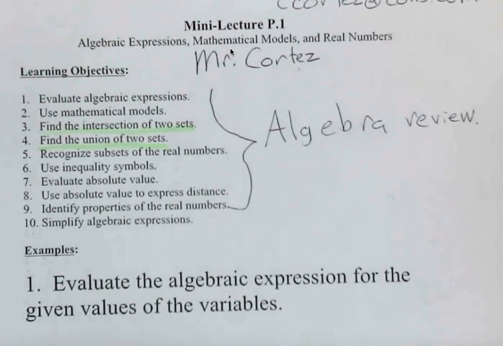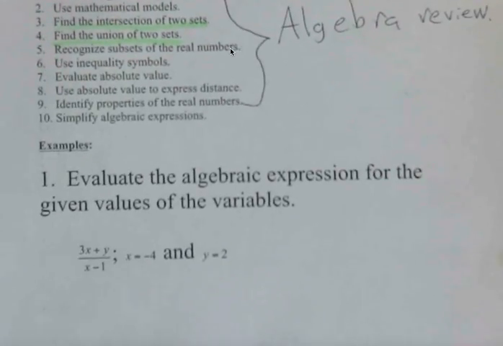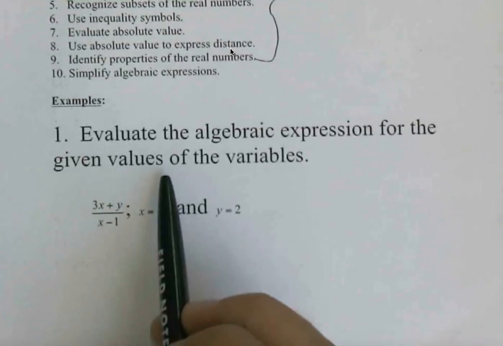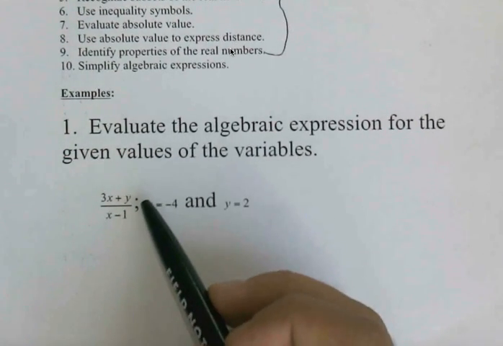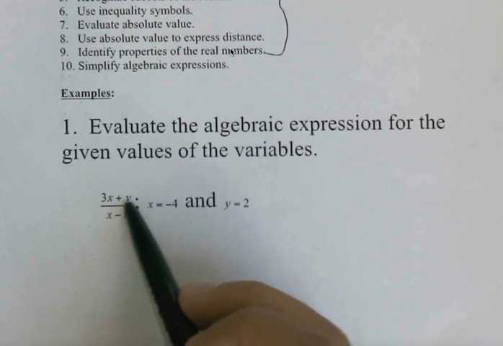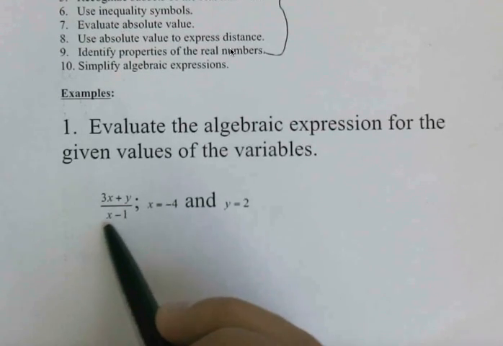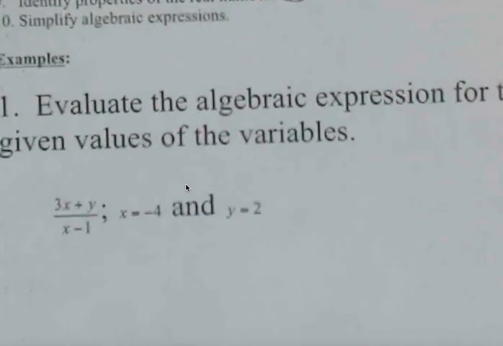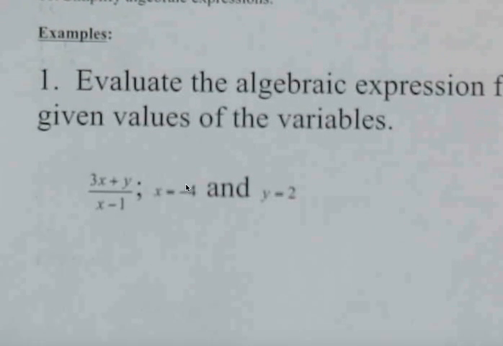But we'll kick it off with the first example, where we're being asked to evaluate the algebraic expression for the given values of the variables, where we have this expression (3x + y) divided by (x - 1), and we're being given the information that x is equal to -4 and y is equal to -2.